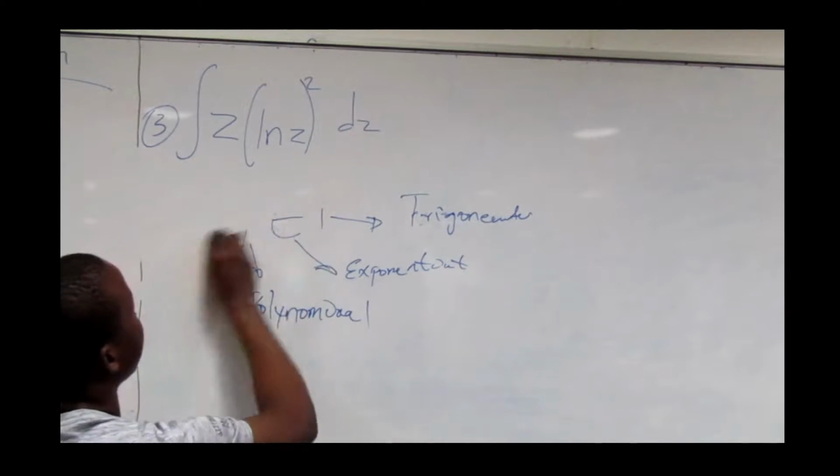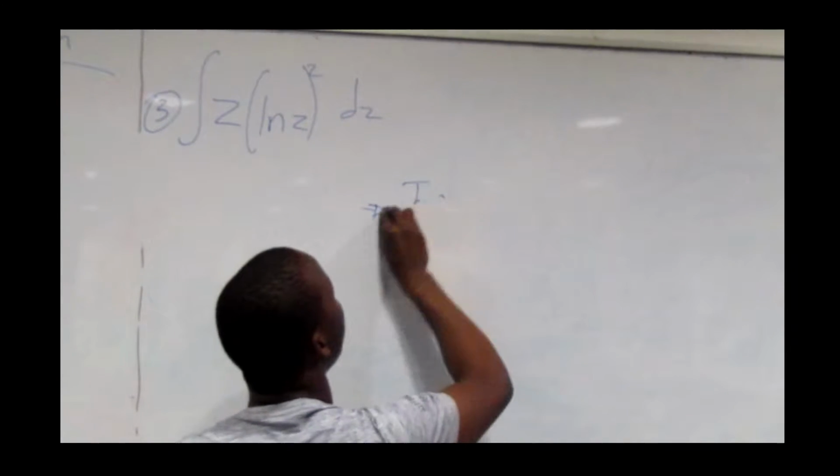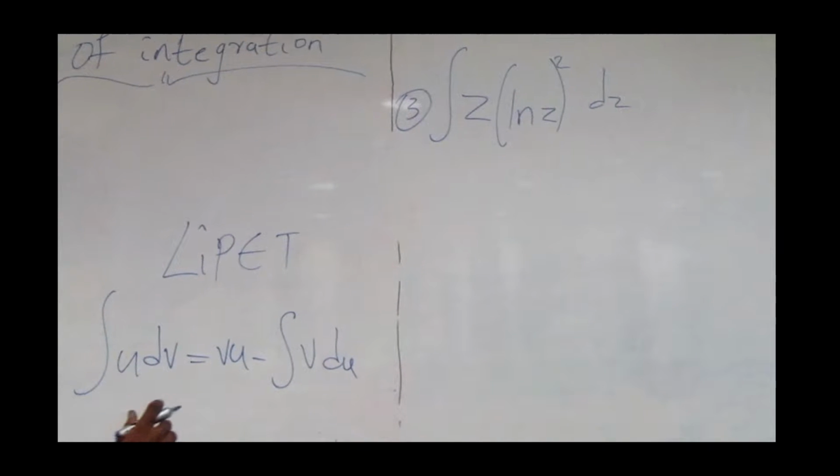We use it when we are choosing the functions. I'm going to write the general formula here: the integral of u dv equals uv minus the integral of v du. This is v, this is u, this is dv.